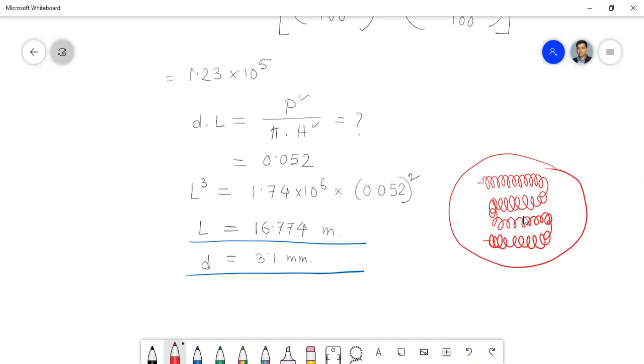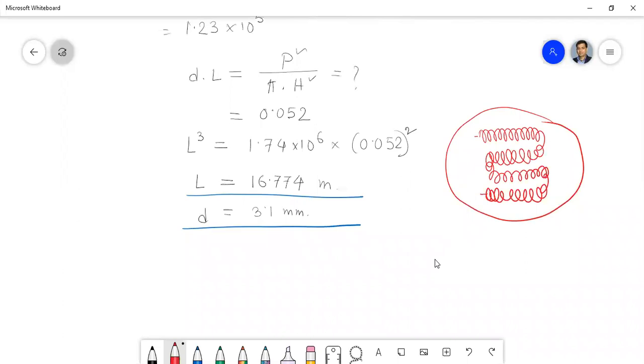Clear? Okay. So how to find out that coil diameter and the coil length? The diameter of the coil you can take at least 5 times the diameter we have found out. The diameter of the coil means this one.